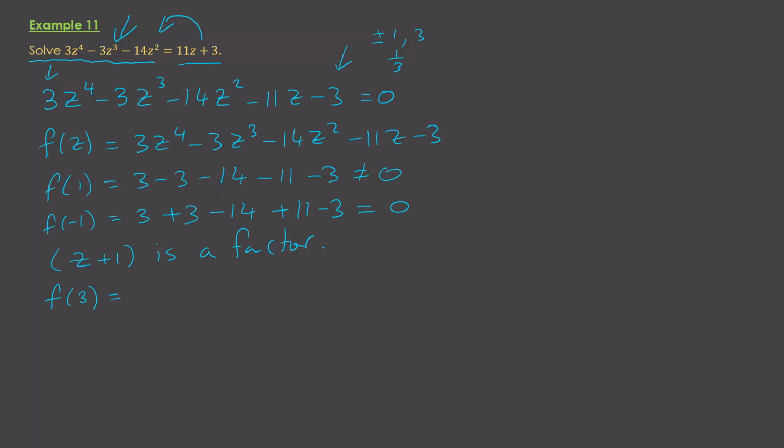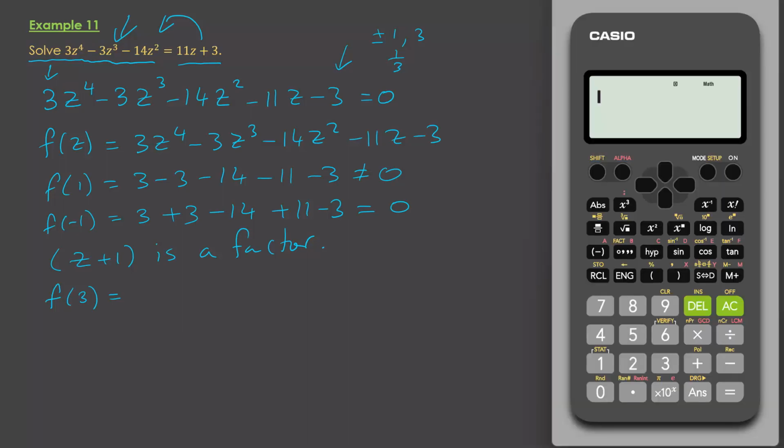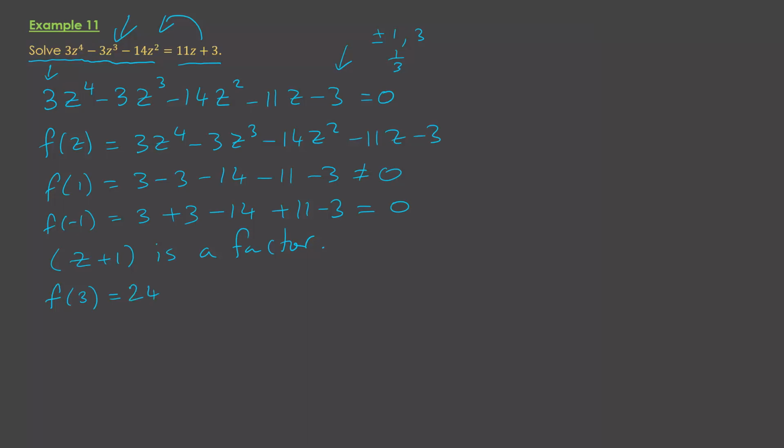So that's going to be, we probably need a calculator now, 3 times 3^4. So 3^5 is 243. Take away 3 times 3^3, well, that's 81.